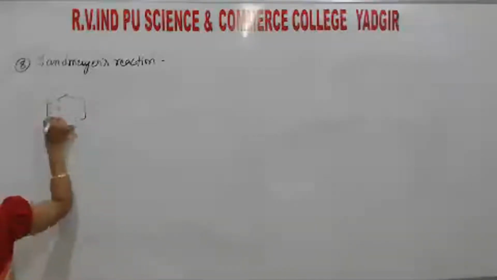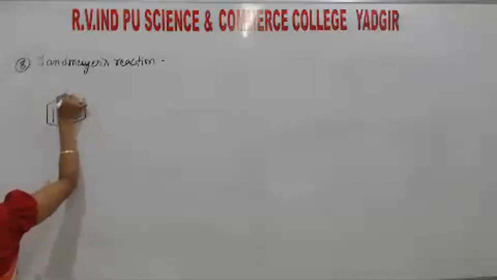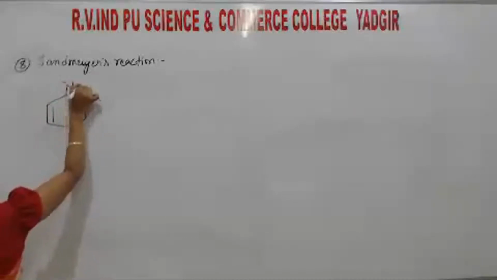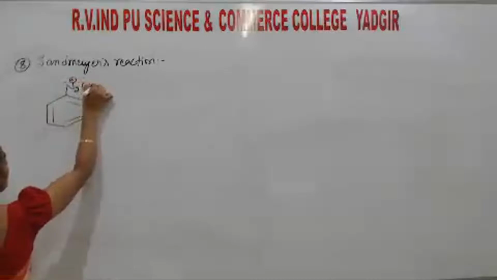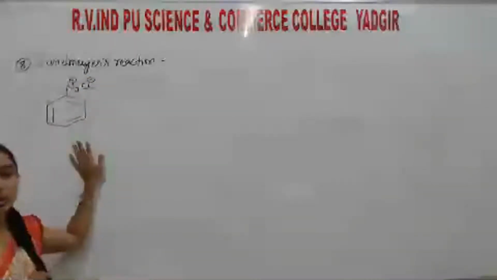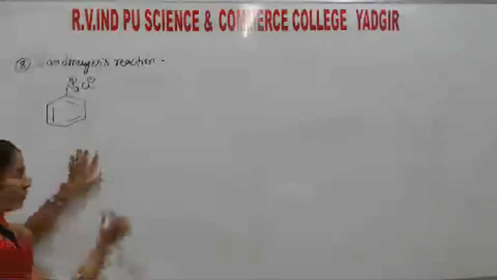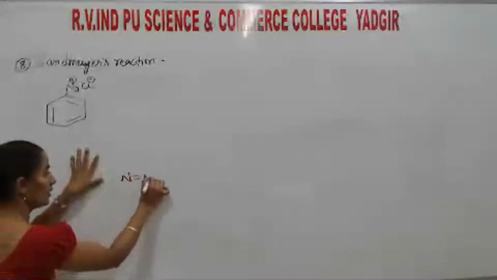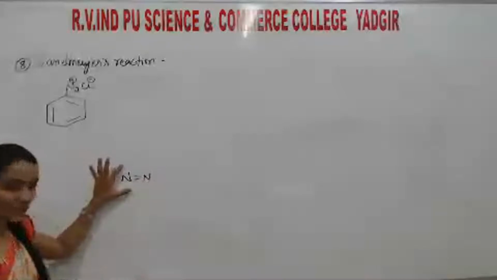We are going to use diazonium salts. This is diazonium chloride. Why it is called diazonium? Because the N double bond N group is there. This group is called azo.